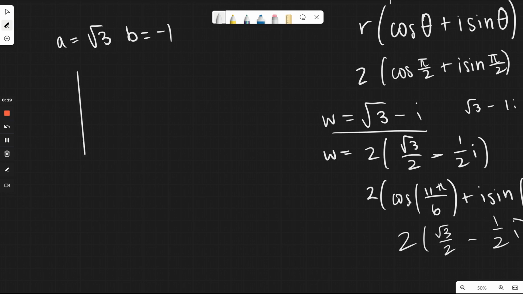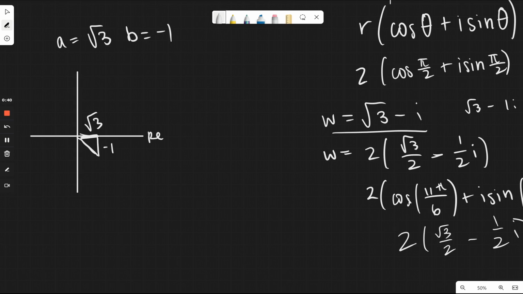On a graph, the real axis length would be square root 3, and on the imaginary axis it would be minus 1. So we'd have a triangle with this side of negative 1 and this side of square root 3.